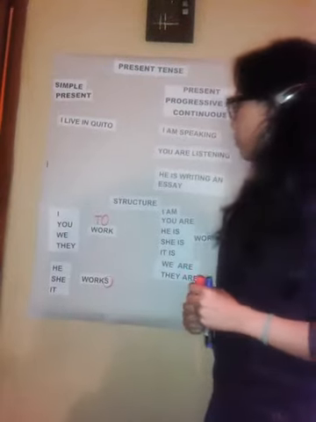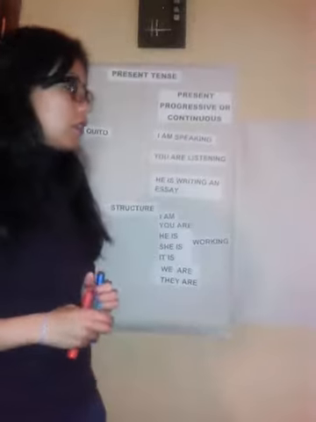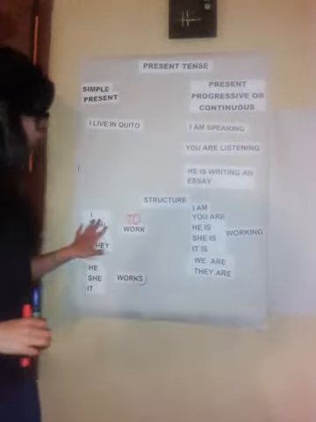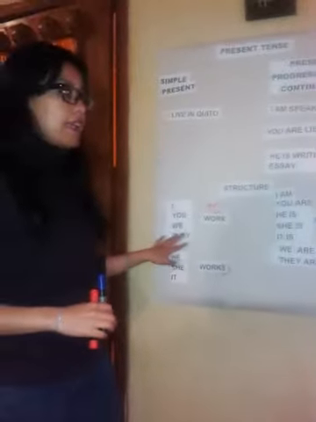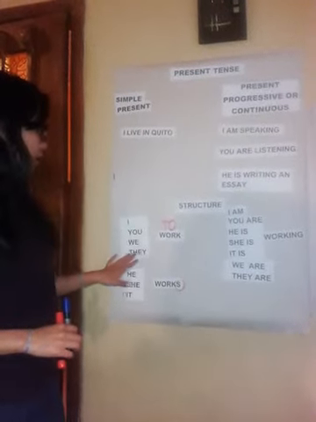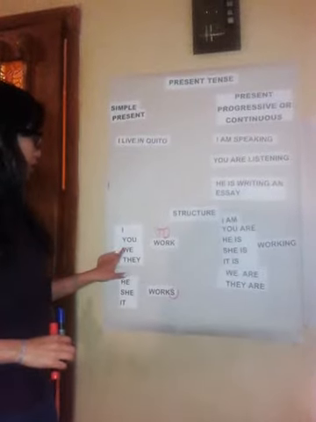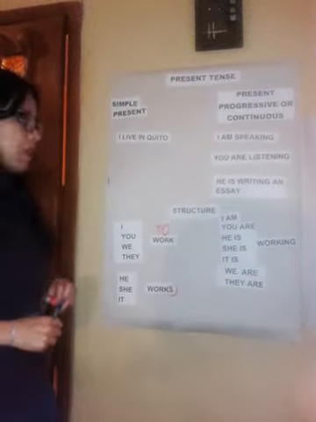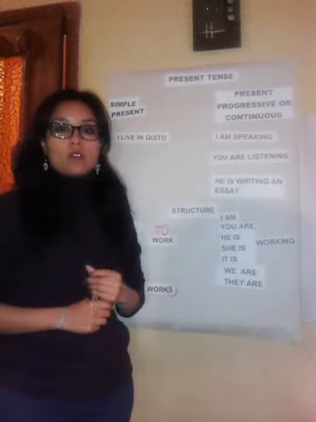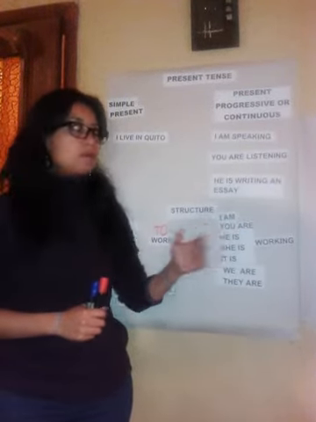Then, to make questions, I almost forgot how to make these tenses negative. To make these tenses negative, we use the auxiliary do or does, plus not.